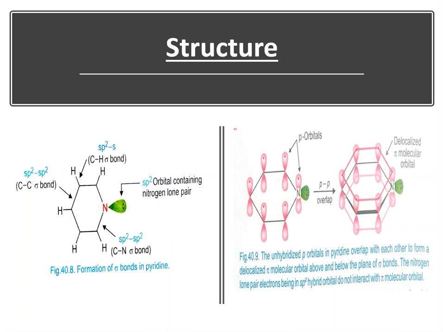The lone pair is not involved in bond formation, that's why it is available. In other cases, like the 5-membered ring, the lone pair of electrons was involved in bond formation. Aromatization.